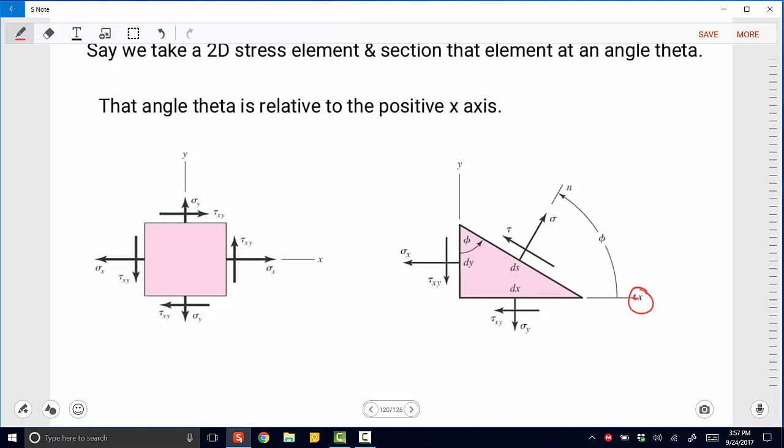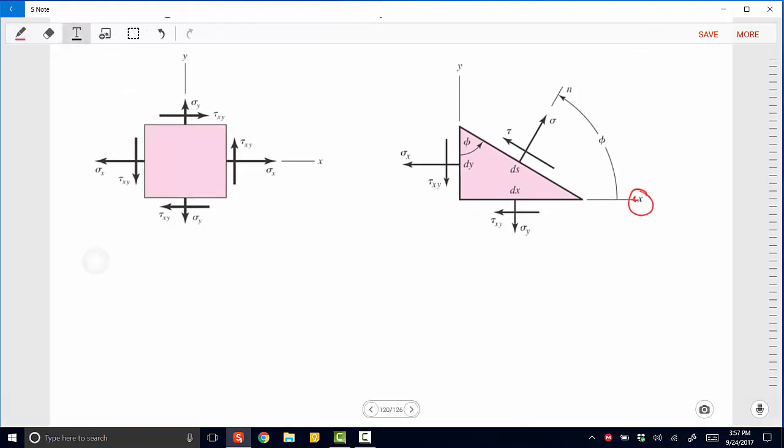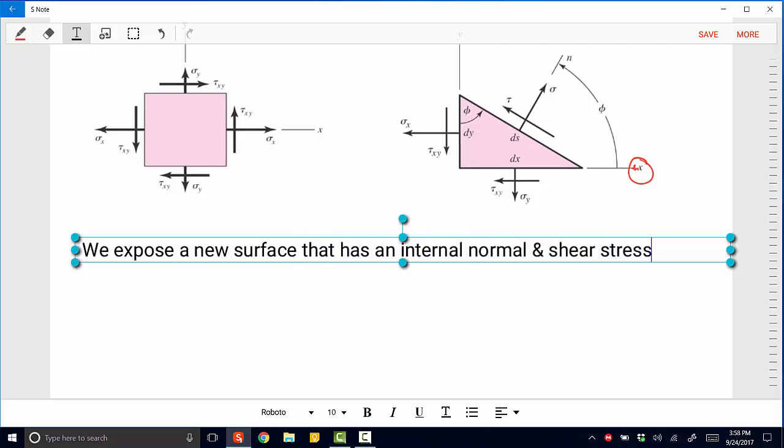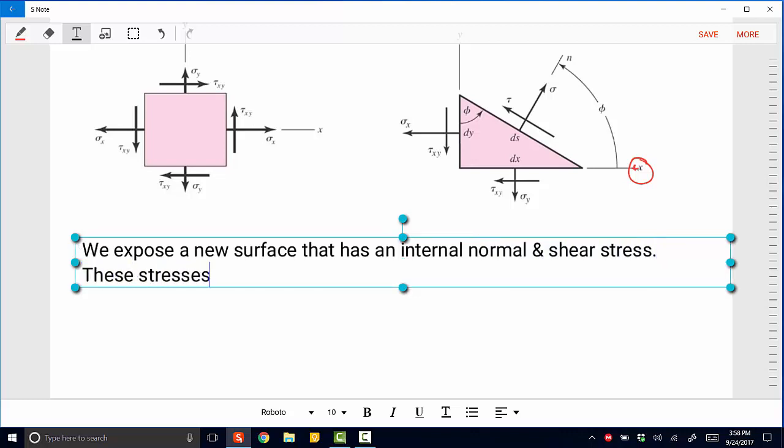We're going to expose a new surface that has an internal normal and shear stress. These stresses exist to maintain equilibrium of our element.